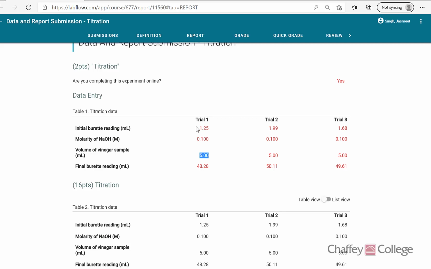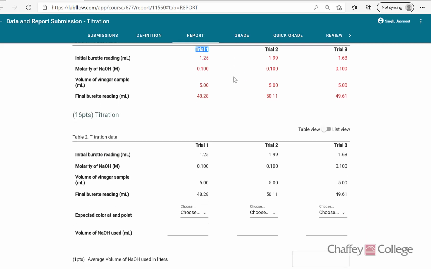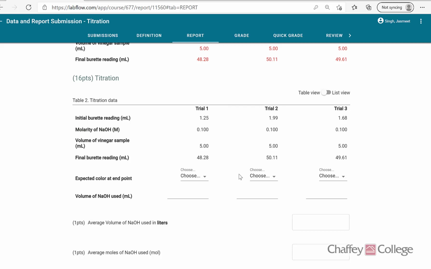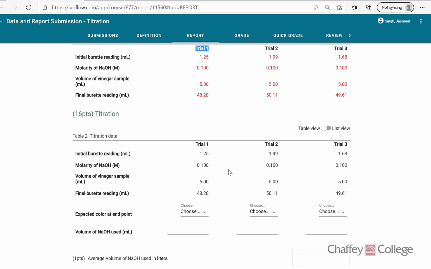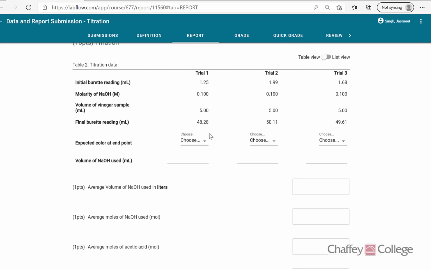From these values we can calculate the molarity of the unknown, the molarity of this vinegar solution. The experiment was repeated 3 times. Trial 1 is the first attempt, trial 2 is the second, and trial 3 is the third attempt.